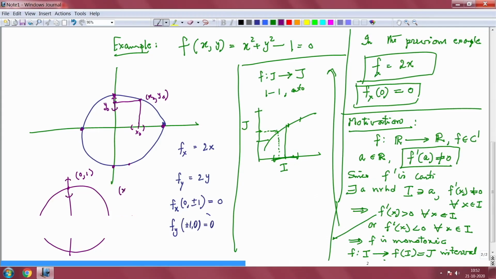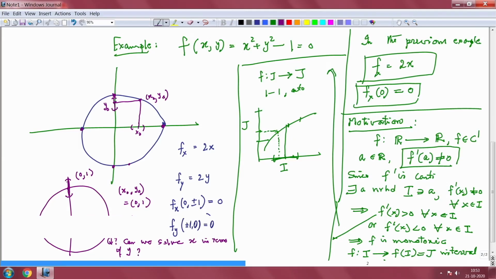So, your (x naught, y naught) value is equal to (0, 1), and the question is: can we solve x in terms of y in a neighborhood of y naught? y naught is 1, you have to understand that question. So, we are looking for the solvability of x in terms of y.